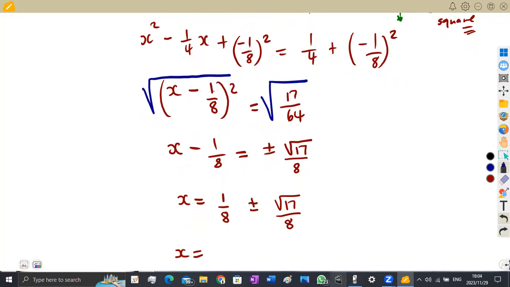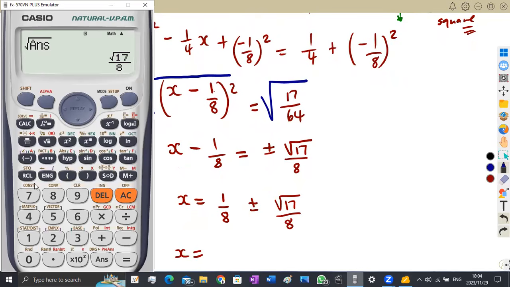So we can combine this whole thing together. That is 1/8. Let's start with the plus: 1/8 plus the square root of 17, in this case, everything over 8. All right, so this is going to give us 0.640 like that.